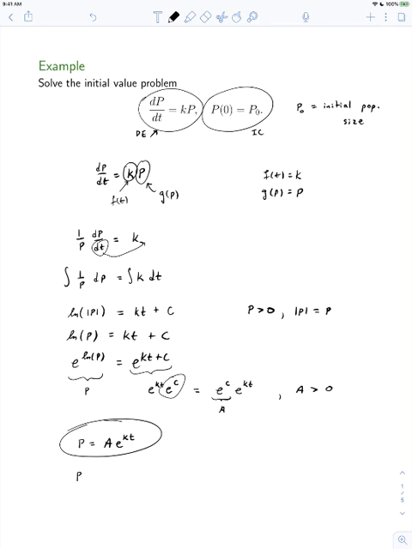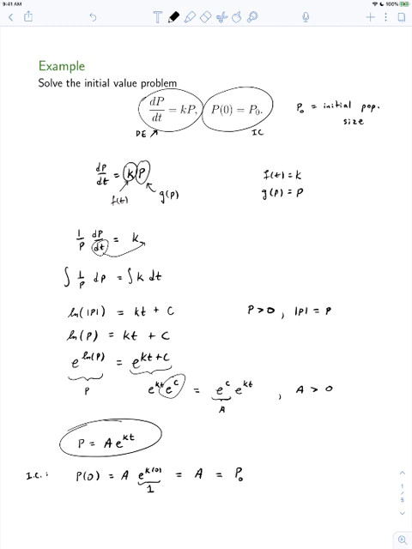So if you plug in the initial condition here, P(0) is A times e to the k times 0, but this is e to the 0, which is 1. So P(0) is A, but P(0) is what we were calling P0.